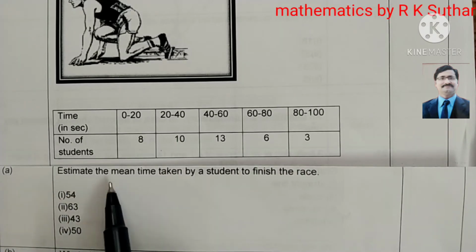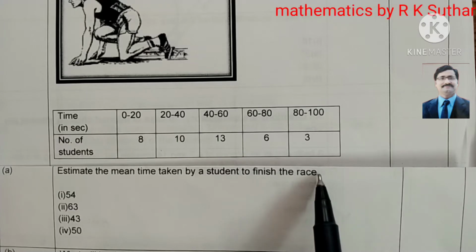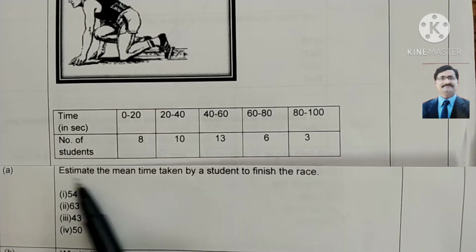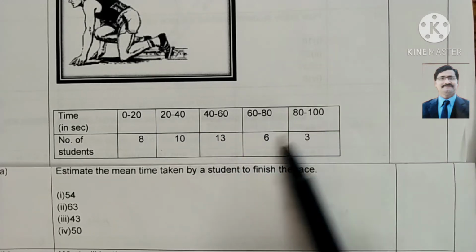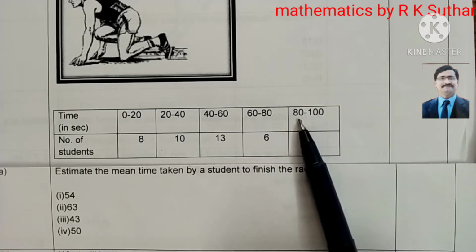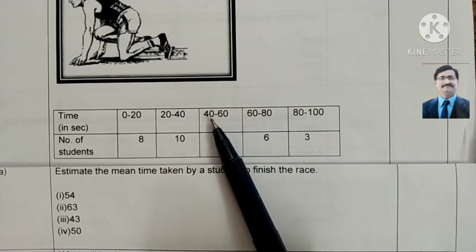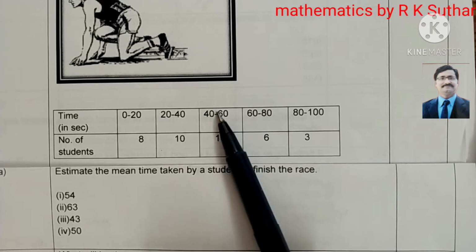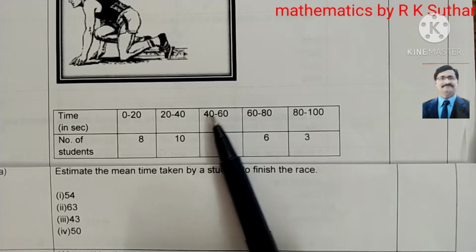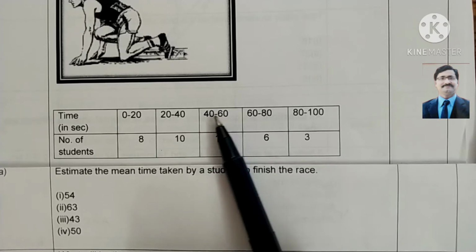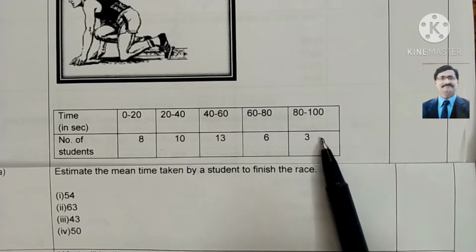Look here, estimate the mean time taken by a student to finish the race. We only have to find the estimate, not the perfect time. If we have this type of table given to us, we have to check the assumed mean. The assumed mean will be between 40 and 60, so here we will suppose 50. The answer will be between 40 and 45, approximately, because here the number is more and here it is less.